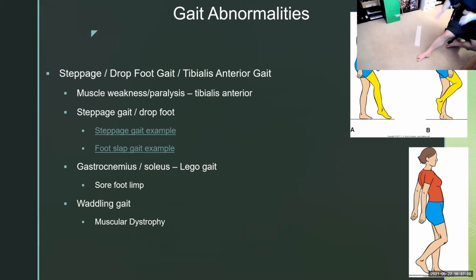When I have a problem on this right side, I'm going to not want to put any weight on it. So that means I'm going to reduce my stance phase on that side. I'm going to increase my stance phase on the other side and increase the swing phase on this side to avoid putting any weight on it.